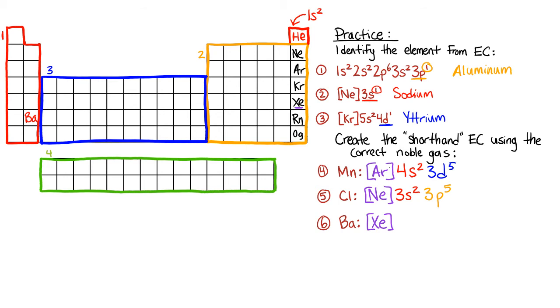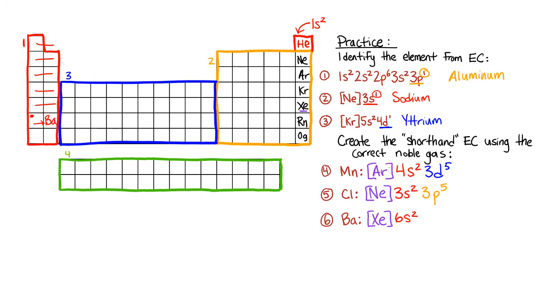What changes since xenon, that is, what is not covered in xenon's implicit electron configuration, is simply a 6s2. 1s2, 2s2, 3s2, 4s2, 5s2, and then 6s2 leads us right to barium. If, for example, we were doing cesium, it would end at 6s1.